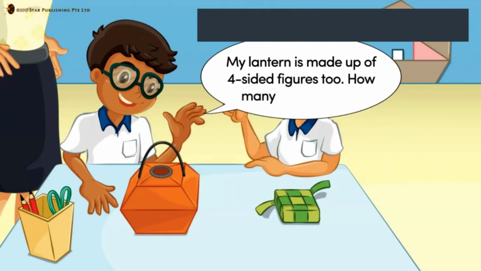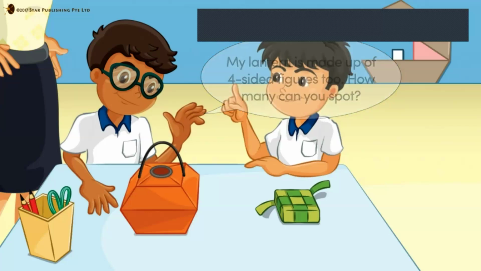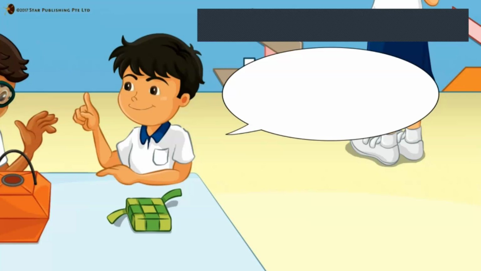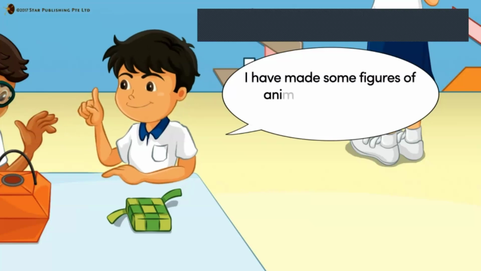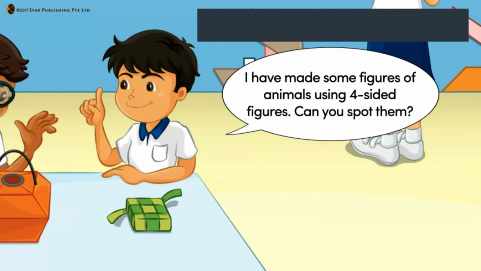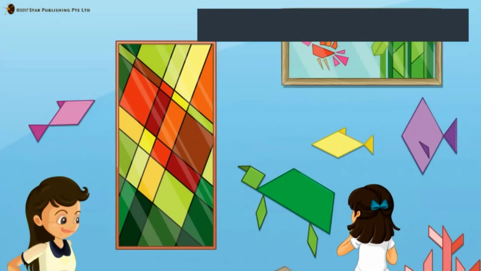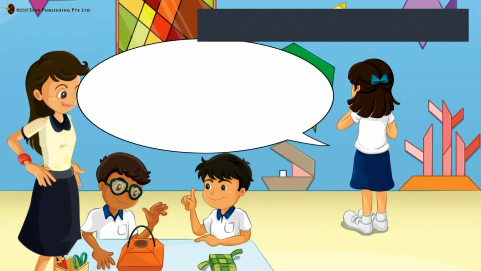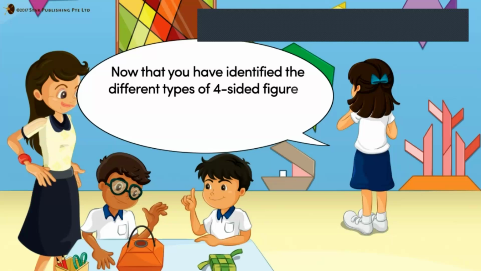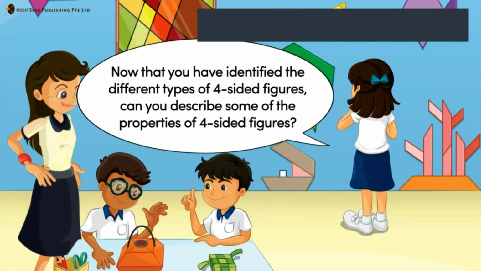How many can you spot? I have made some figures of animals using four-sided figures. Can you spot them? Now that you have identified the different types of four-sided figures, can you describe some of the properties of four-sided figures?